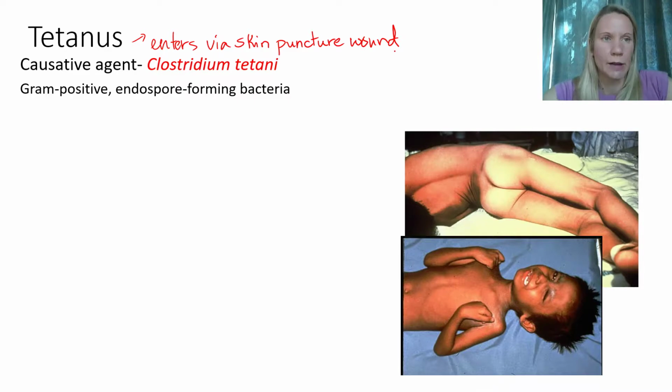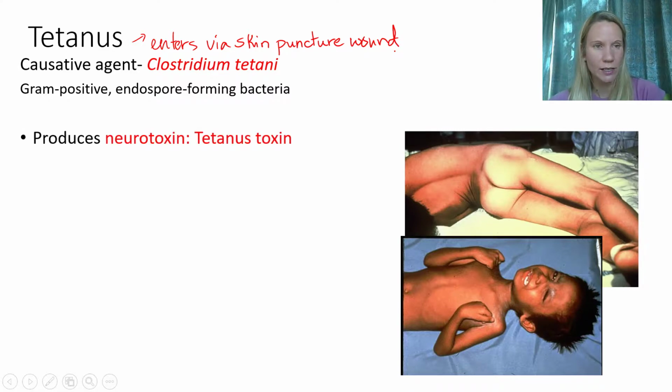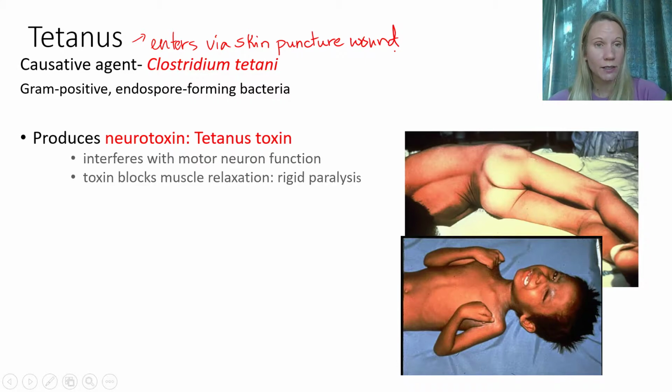Sort of the classic example of getting tetanus is you step on a nail outside, and the nail drives the bacteria deep into your skin, and then the Clostridium bacteria multiply and begin making toxin, producing the tetanus toxin.